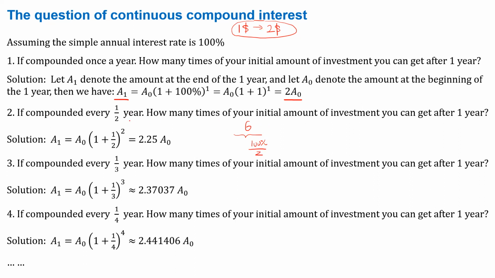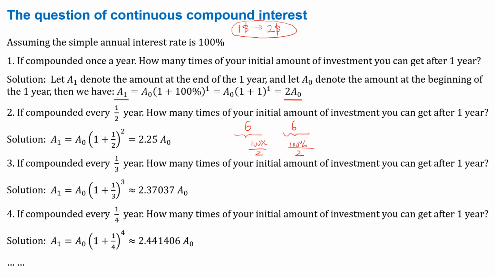Because it is compounded every half a year. So for the first half year, the rate is actually 100% over 2, right? For the next 6 months, the rate is also 100% over 2, right?